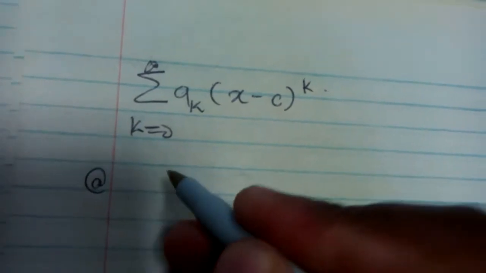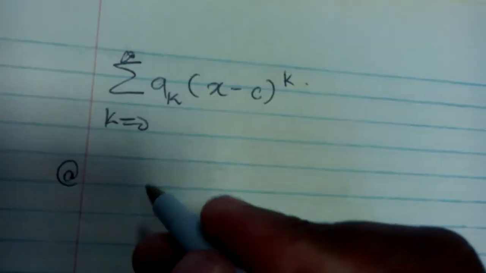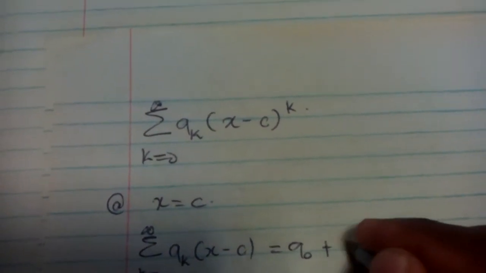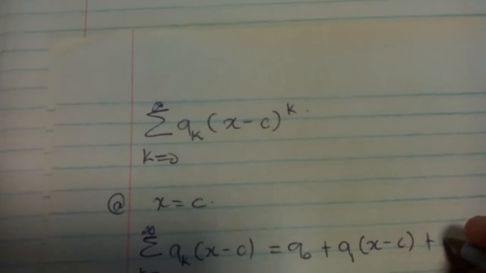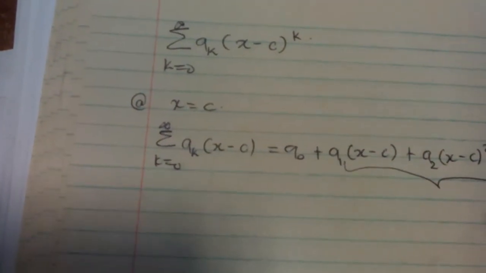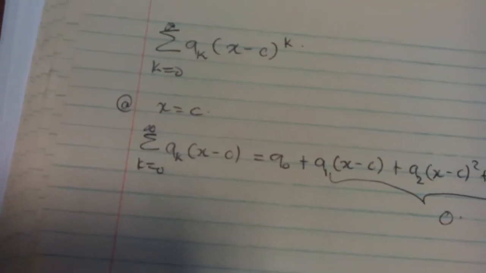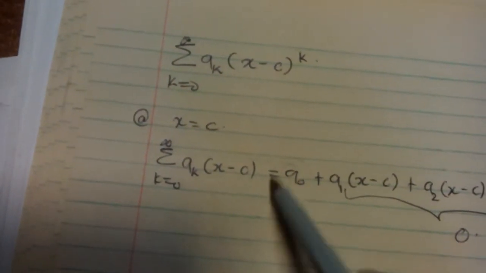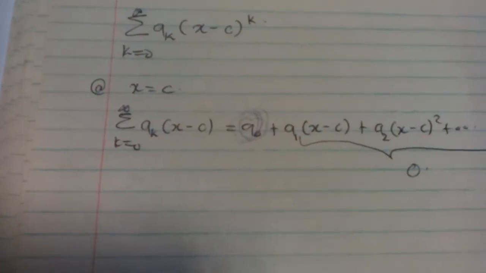Possibility number 1 is that the series can converge when x is equal to c, because when x is equal to c, all these terms up to infinity go to 0, and thus the series will only converge to a naught. That's the only non-zero term.